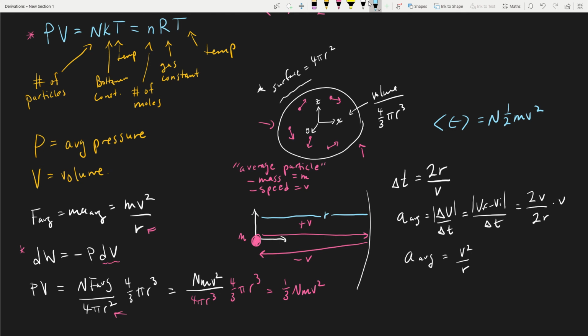Did I do something wrong? No, I don't think so. So N m v squared is equal to 2 times the average energy. I hope it's clear why that is, because 2 times the average energy is N m v squared. So we get 2 over 3 times the average energy.